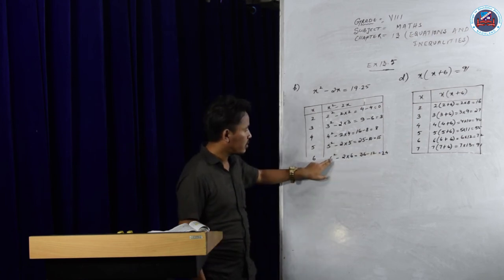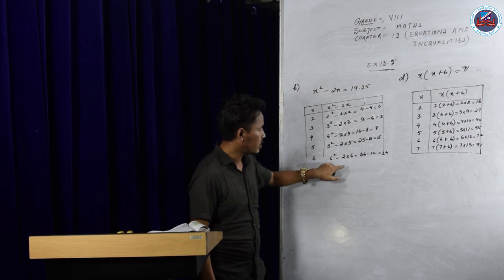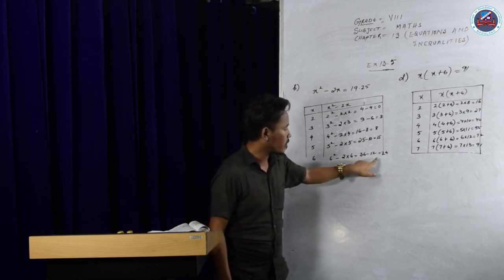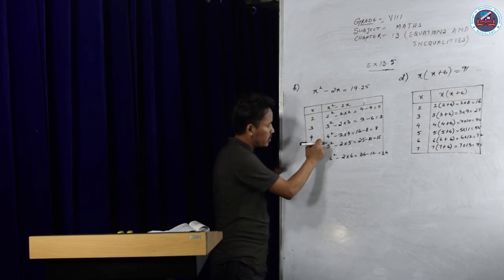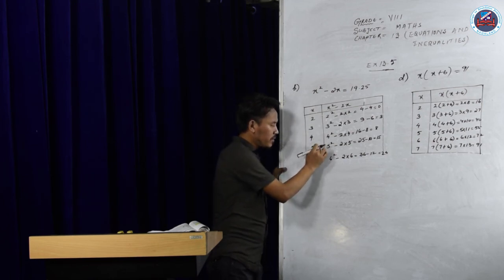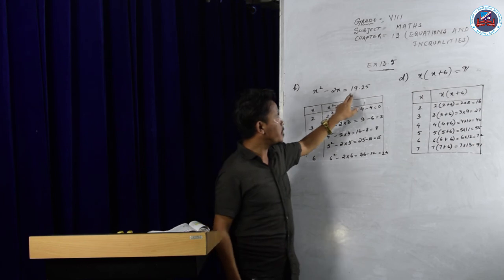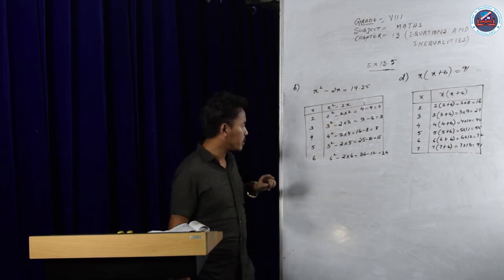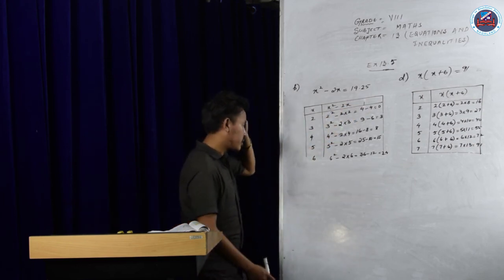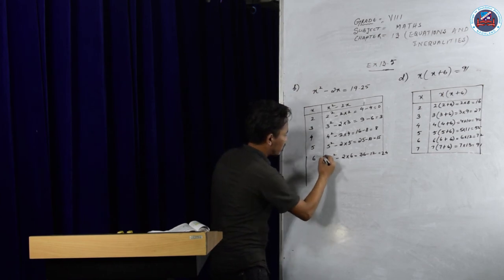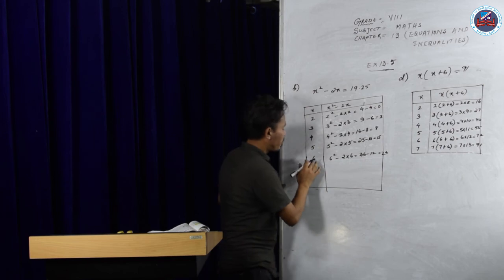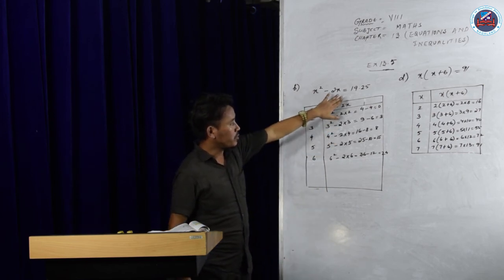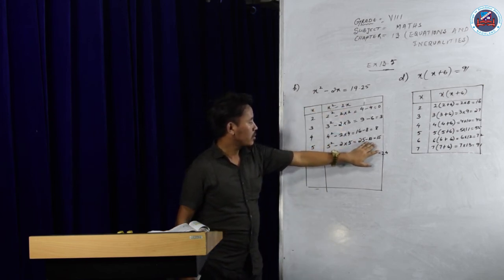Now 6 squared minus 2 into 6 is 36 minus 12, equals 24. Now when we look between 5 and 6, we can see that 19.25 lies between 5 and 6. So what shall we do then?